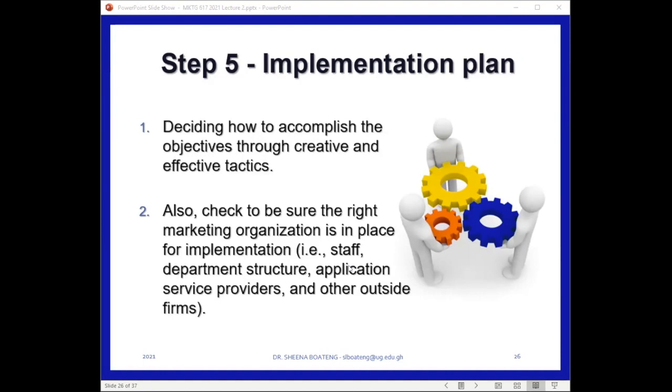Okay, so like I was saying, once you have been able to develop your strategy, you now need to go into implementation. And implementation here involves all the tactics, the actual activities, that you put in, the actual efforts, the time that you put in to be able to ensure that the strategies are properly executed, right? So in developing these strategies and tactics, you need to check and be sure that the organization has enough in terms of resources to facilitate all the strategies that you have outlined.